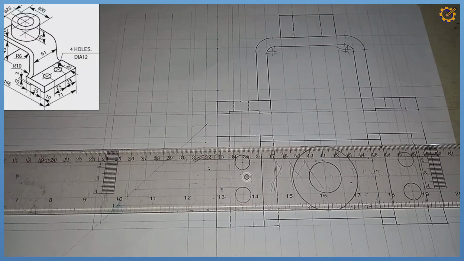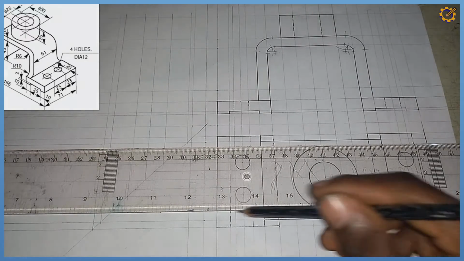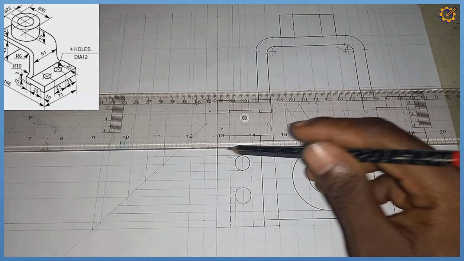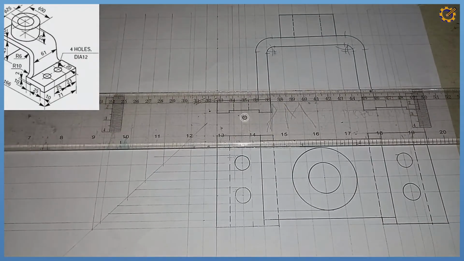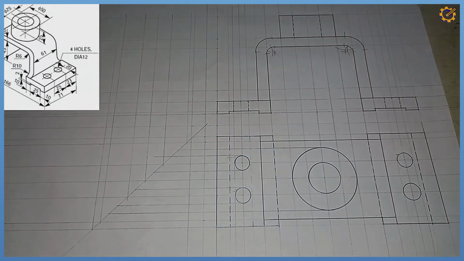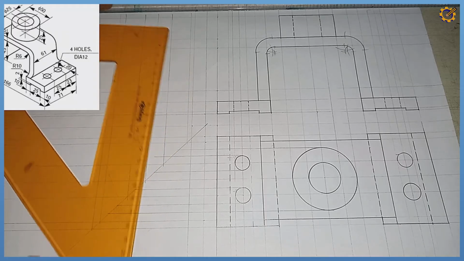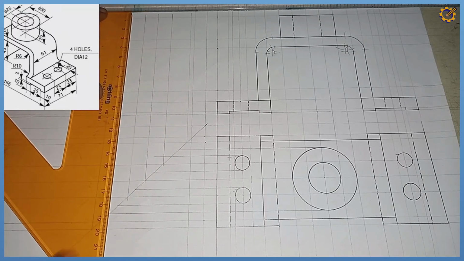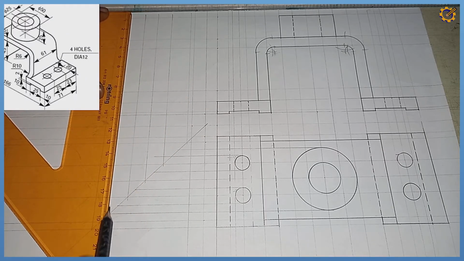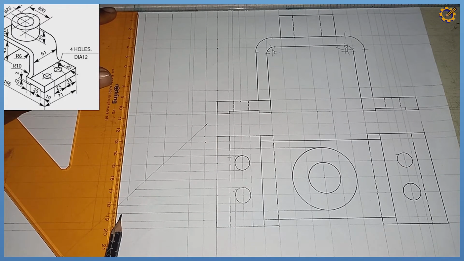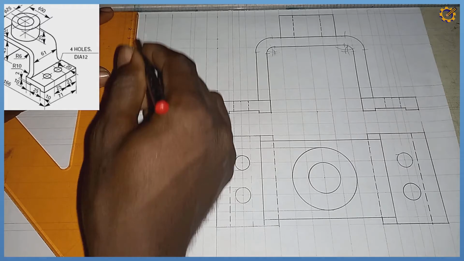Likewise, this bigger circle right here like this, and this other circle right here like this. I'm going to project this one also vertically. So coming right here, I'm going to project this upwards like this. Ensure your T-square and set square are sitting properly so that you won't make mistakes.